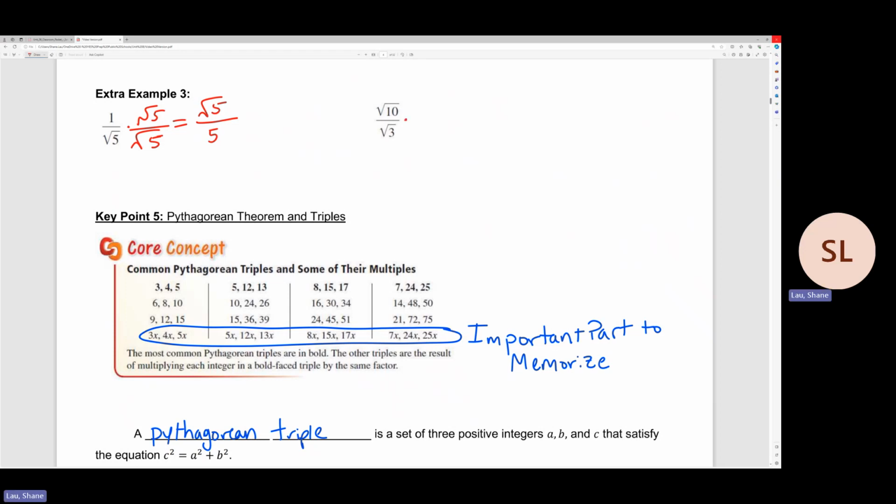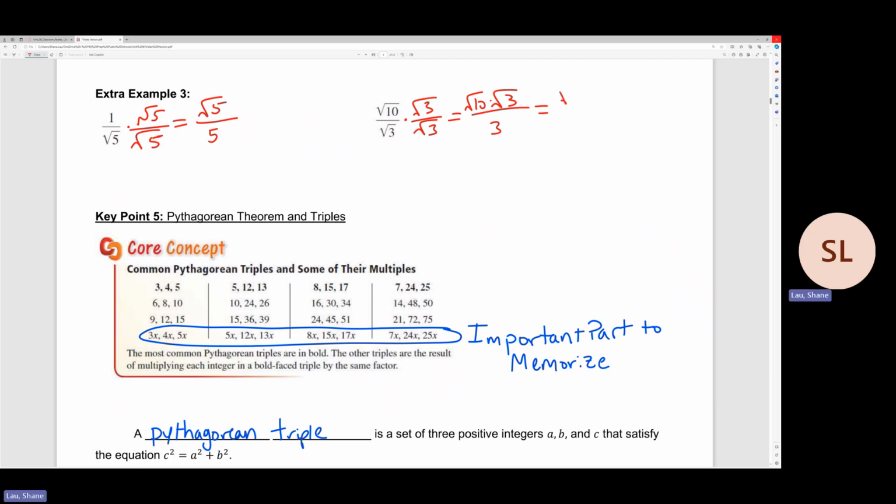Here, this last problem here, we want to make sure that we get that square root of 3 out of the denominator here. So we'll multiply by our magic 1, which is the square root of 3 over the square root of 3. We get square root of 10 times the square root of 3. Of course, we know the bottom is just going to be 3.